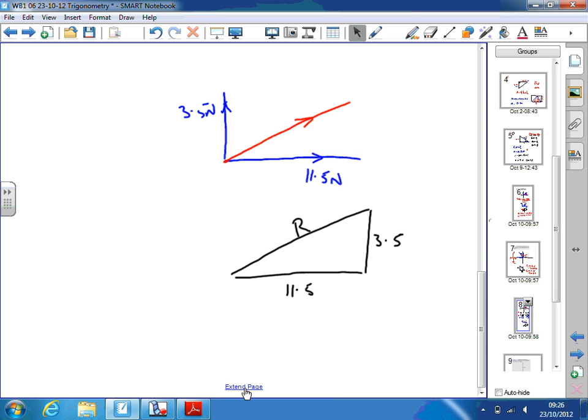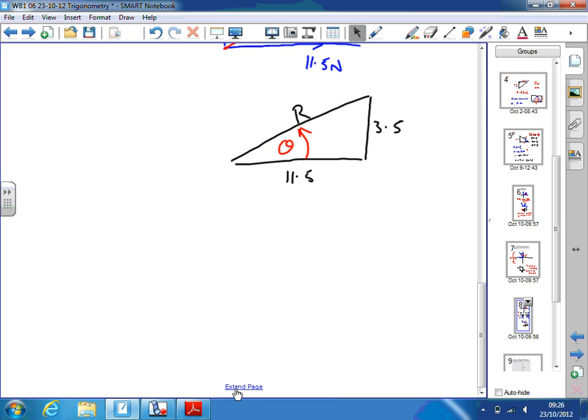I'm after the size of the resultant, and I'm also after the angle, because I need to know the direction of this resultant. What am I going to use to find the resultant then? Right, so I use Pythagoras for this. And what am I going to use to find theta? Tangent. Yeah, because I know the opposite and the adjacent.